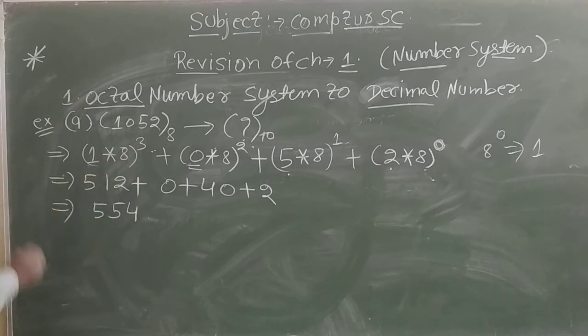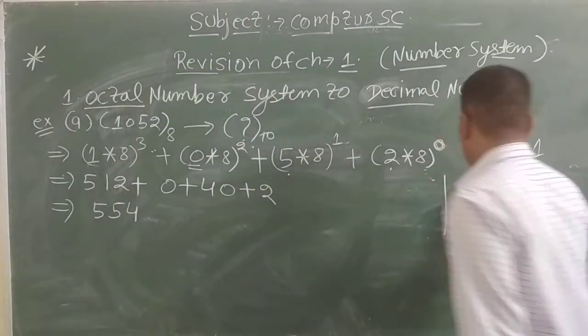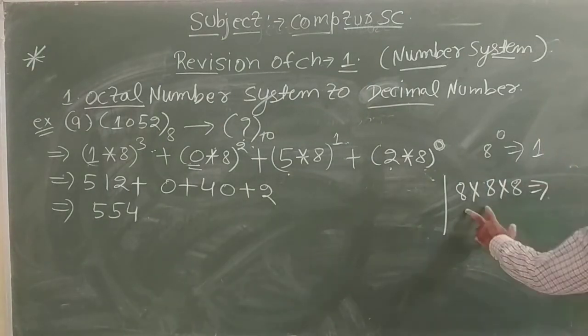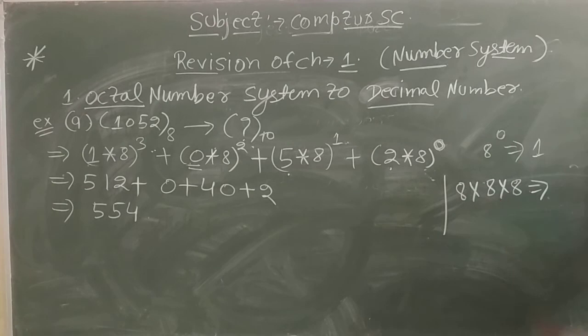8 power 3 means we have to multiply 8 three times. 8 multiplied by 8 is 64, and 64 multiplied by 8: 8 4s are 32, write 2 carry 3, 6 8s are 48, plus 3 is 51.